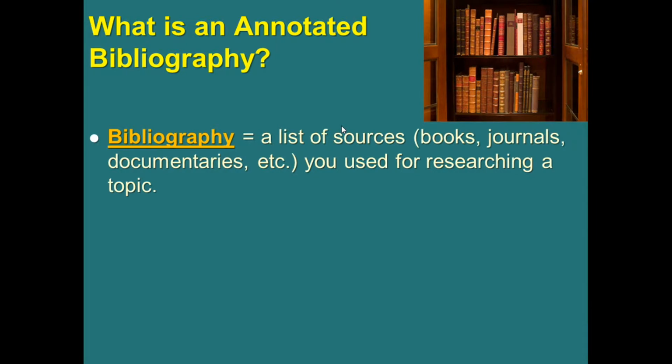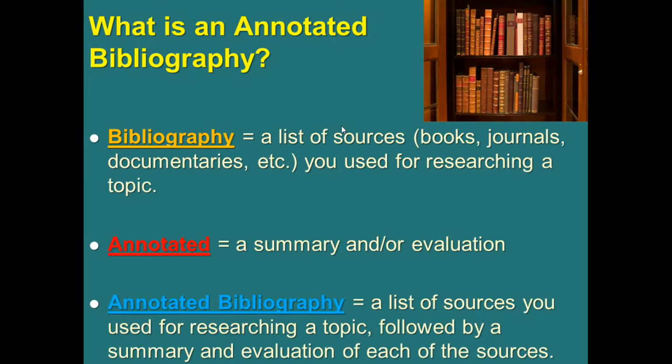So if a bibliography is a list of sources that you use to research and understand your topic, an annotated bibliography means you're giving summaries and evaluations of those sources, because that's all an annotation is. It means you're giving extra information about something, usually summaries or evaluations.